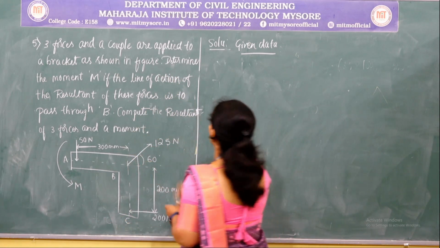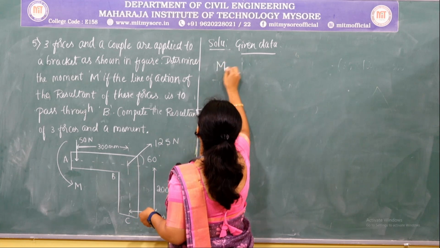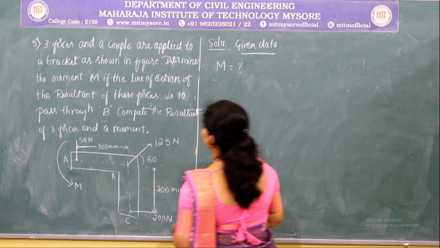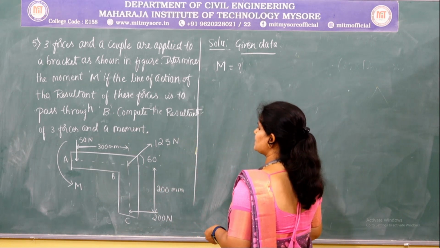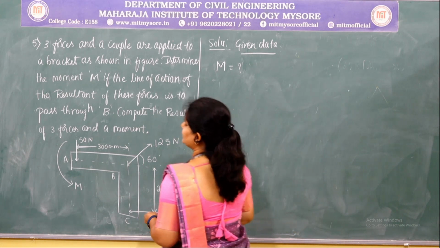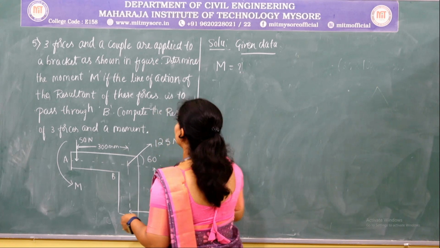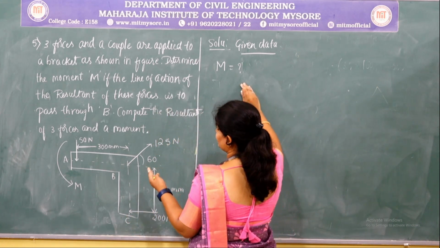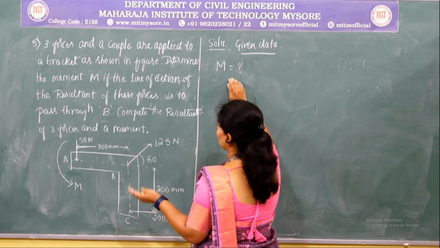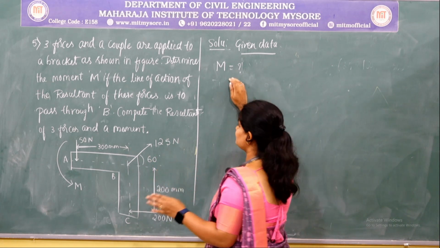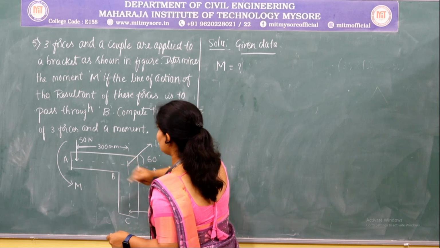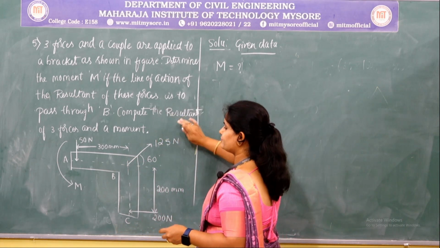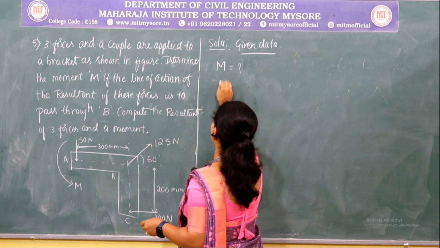So we need to find out the value of this moment M if the line of action of the resultant of these forces is to pass through B. That means the line of action of the resultant of all these forces should pass through this point B. So we should find out the value of resultant of these three forces and the moment.